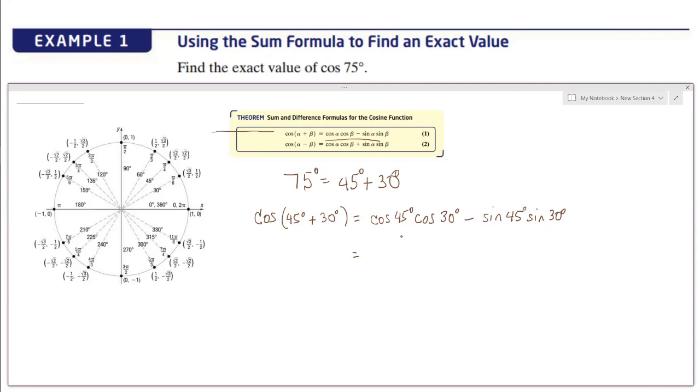So for the cosine 45, we're going to take the square root of 2 over 2 and then multiply it by cosine of 30, which is the square root of 3 over 2. And then we'll subtract sine 45, which is square root of 2 over 2, and the sine of 30, which is 1/2.